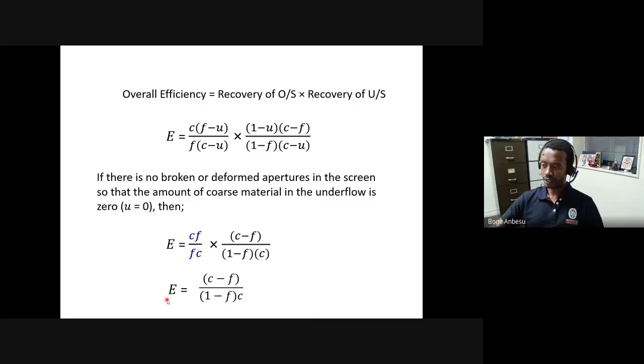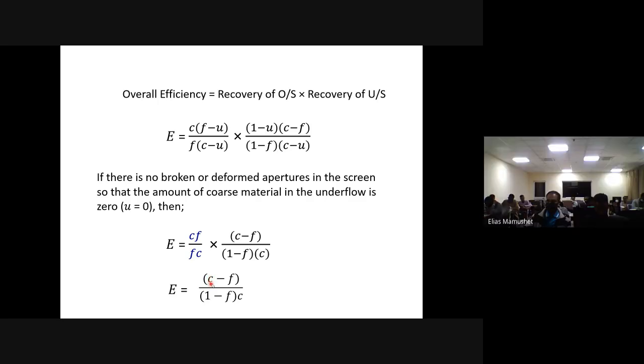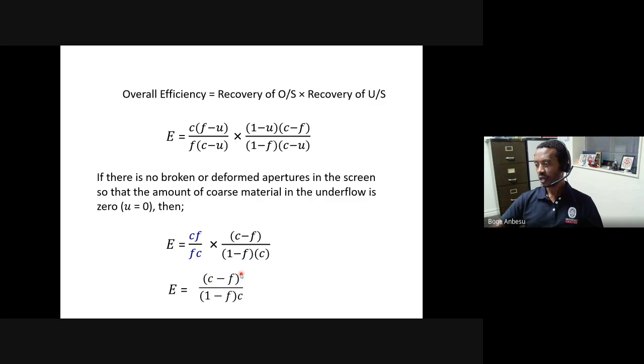And you say efficiency is dependent on coarse fraction in this case, coarse particles, which are above 50 millimeter in my example, in the coarse component after screening.